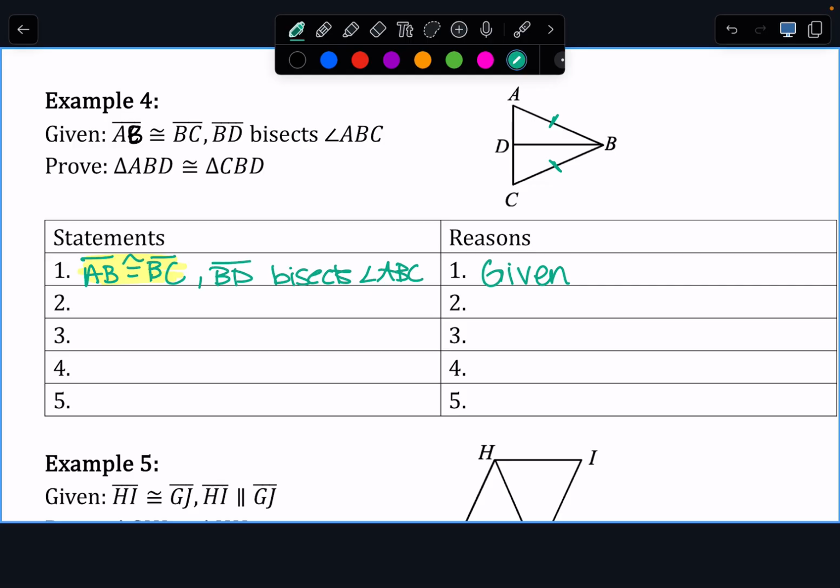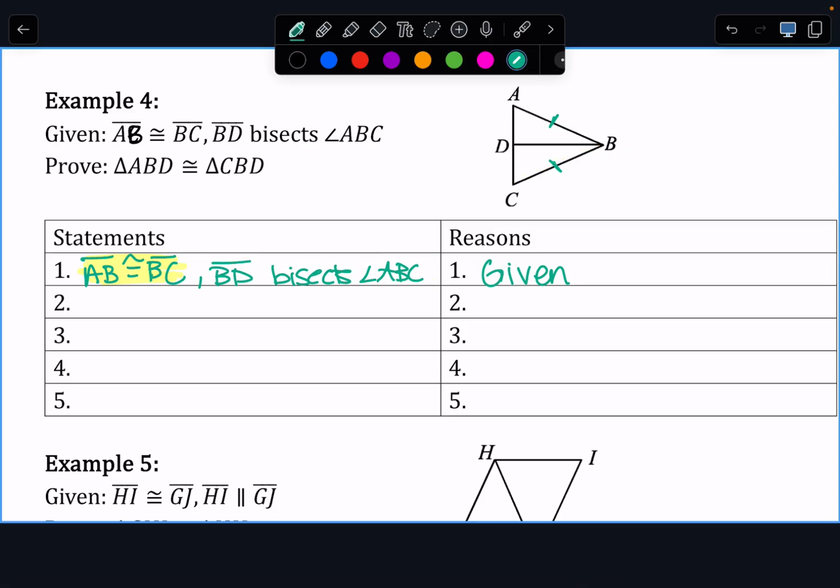So I only have 1 piece out of the 3, so we're going to need to write out 2 different pieces. Let's use our given. If BD bisects ABC, what kind of statement can we make?